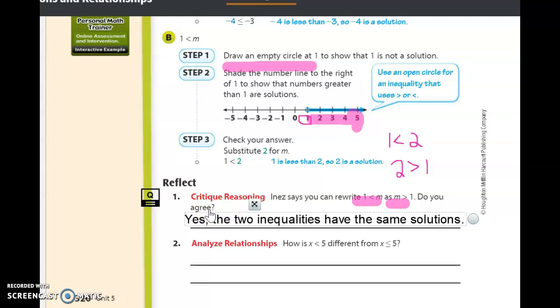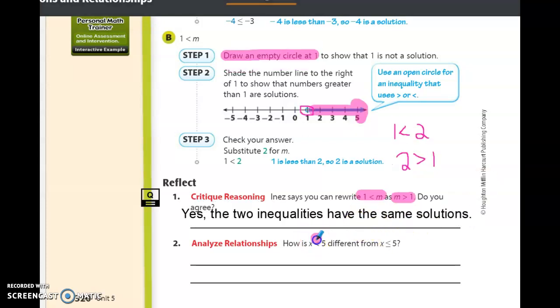Now number 2 says analyze relationships. How is x is less than 5 different from x is less than or equal to 5? Well, hopefully you're able to look and notice it's because of this inequality sign. In one case, x has to be less than 5. That means it can't be 5. And in the other case, x is less than or equal to 5.